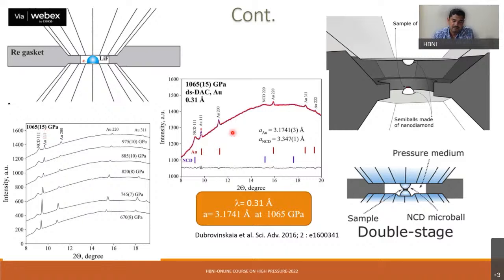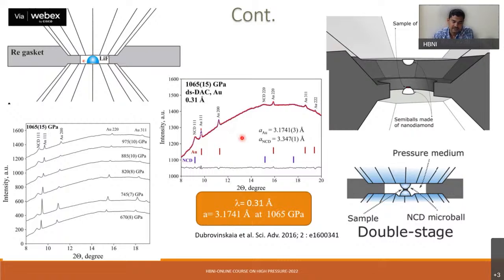And you see here, this is the refinement of the diffraction pattern of gold at 1065 GPa using the double stage diamond anvil cell technique, with synchrotron monochromatic X-rays of 0.31 angstrom.